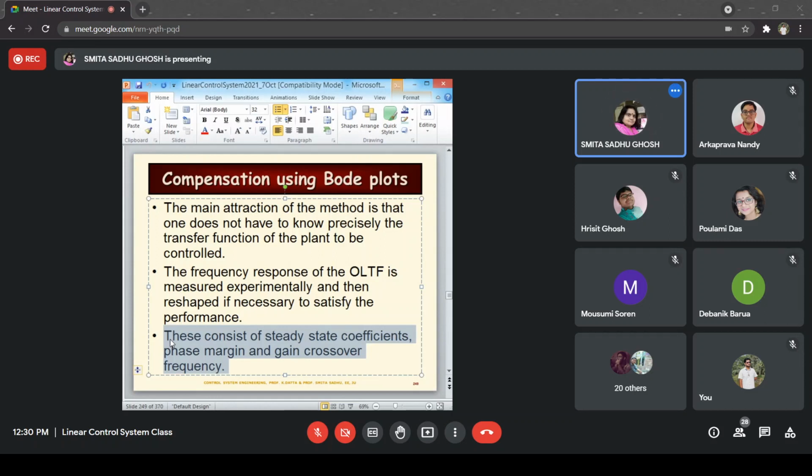In most cases, you would be given the steady state coefficient, maybe the Kp or Kv value is mentioned. Additionally, the phase margin and gain crossover frequency may be desirable specifications. Once these are mentioned, the desired or required Bode plot is more or less specified in terms of these specifications.